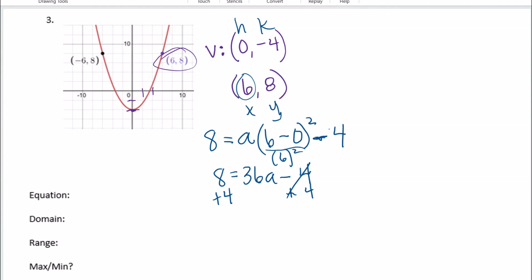We're going to add 4 to each side. And we get 8 plus 4 is 12 equals 36a. And divide by 36. So 12 over 36, that simplifies to be 1/3 equals a.